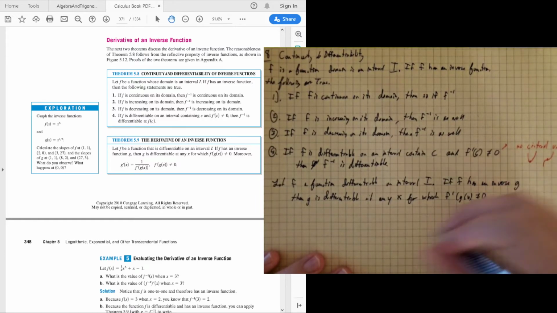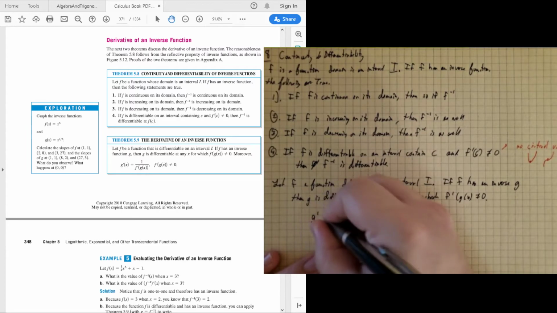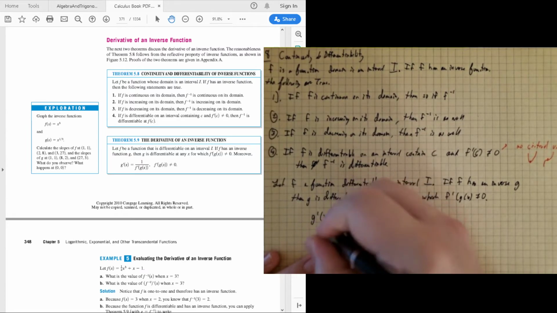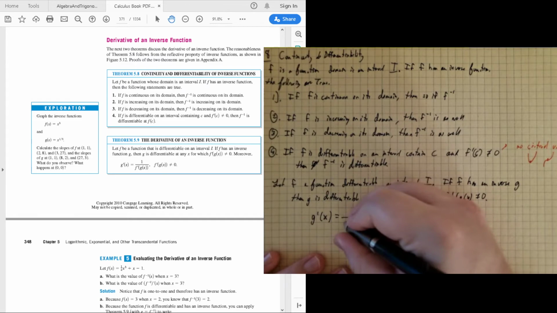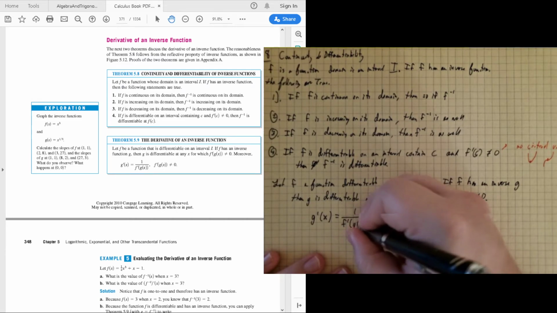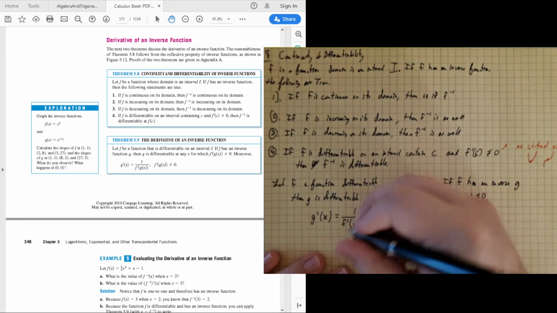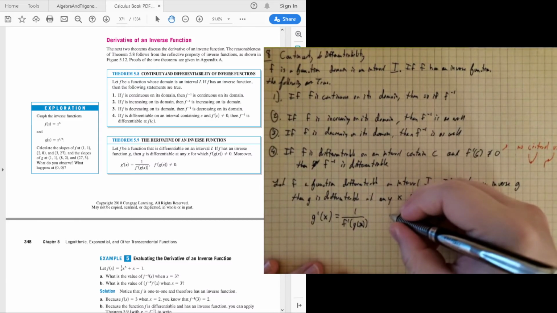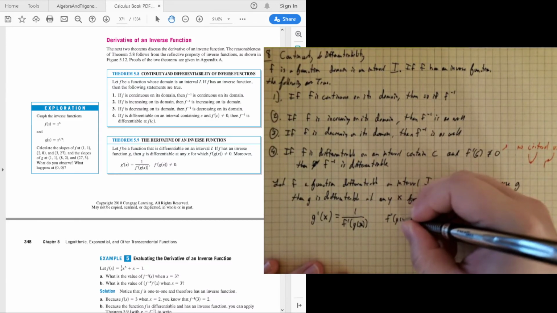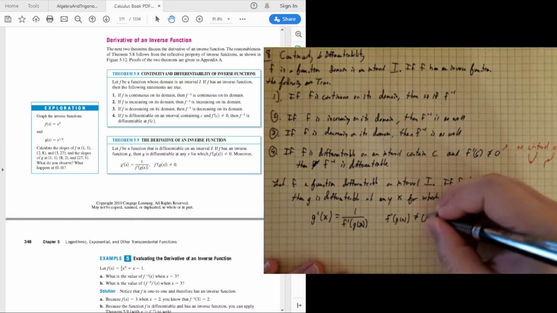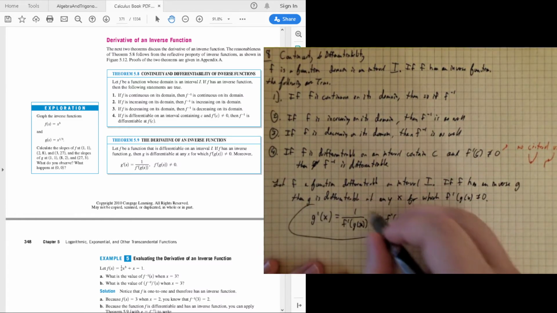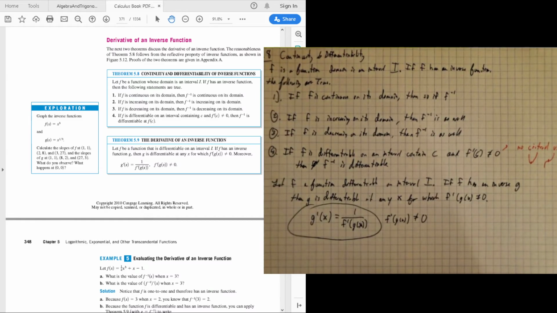And then furthermore, the big one, g prime of x is equal to 1 over f prime of g of x. This right here is the big part of your homework. Because what this means is we don't necessarily need to find out what g is and then take the derivative. We can use f's derivative to find g's derivative.